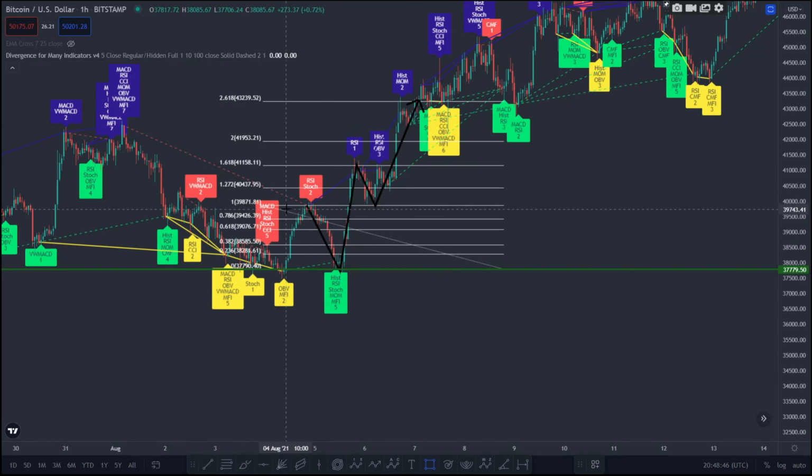As you can see, this is a divergence indicator. It shows you 10 different indicators, and at this point in time, it has shown us that 5 of the 10 indicators are giving us a bullish divergence. So, using it with your stock RSI, your EMAs, you can get very far and trade effectively.